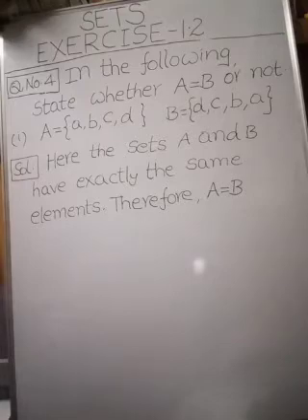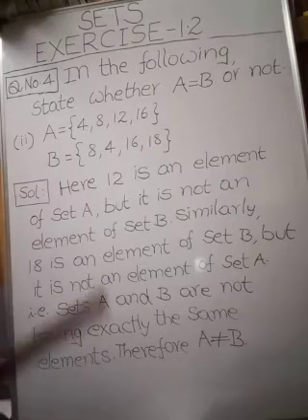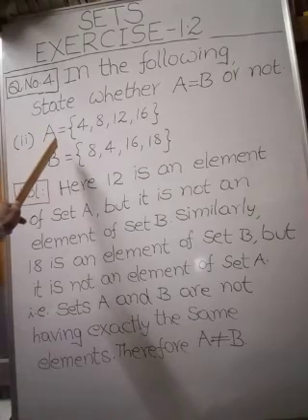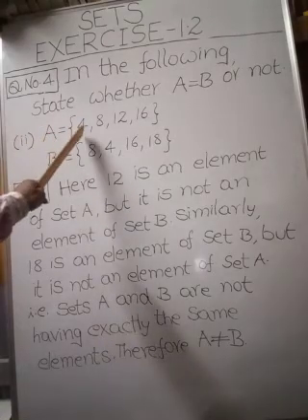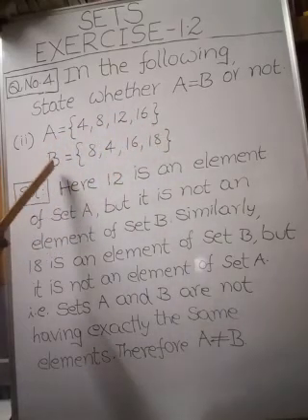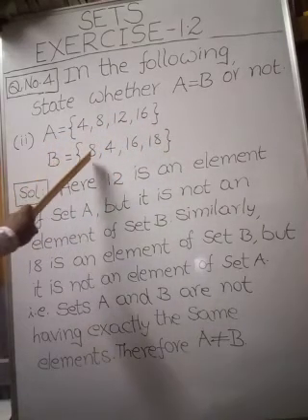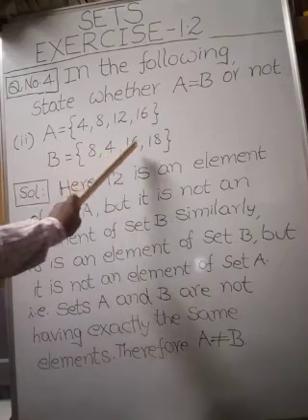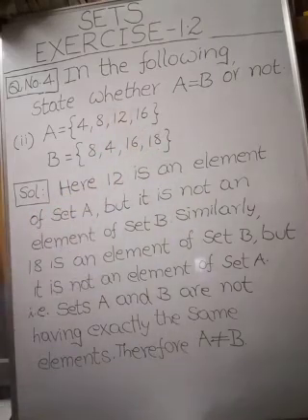Okay, my children, so here A and B are equal sets. Understood, my dear children? Right. Now come to the next question. A is equal to the set 4, 8, 12, 16, and B is equal to the set 8, 4, 16, 18.